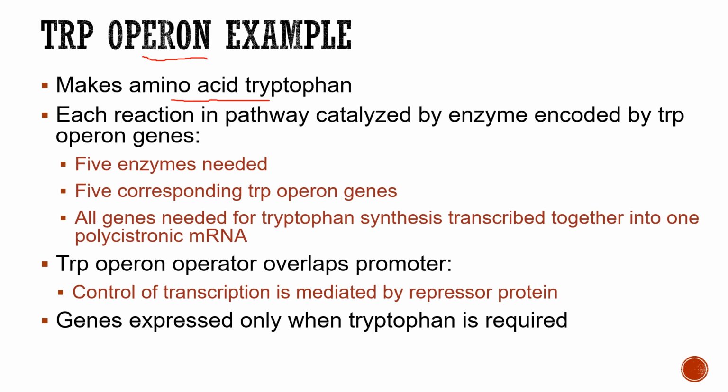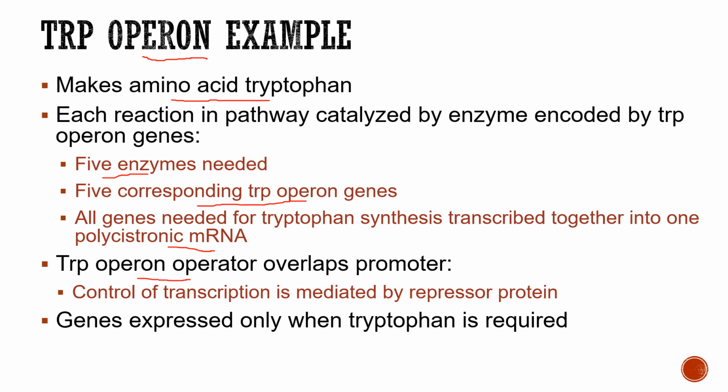In order for the cell to make tryptophan, there are actually 5 enzymes that are needed. So all 5 of those genes are controlled by one operon, called the trp operon. They're controlled by one promoter, so it'll make all 5 of these genes at the same time. And again, that's called a polycistronic mRNA.